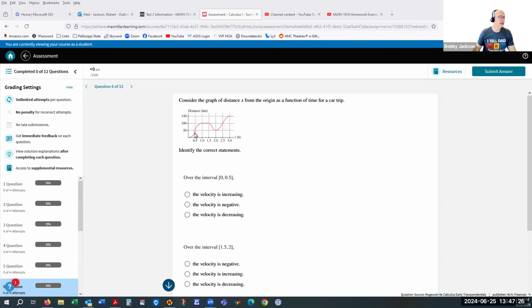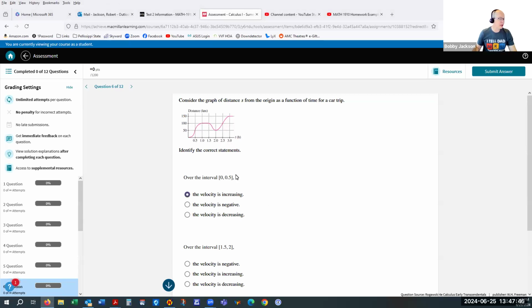Notice the slope is getting steeper. So the slope, the rate of change of the position from the origin with respect to time, or the velocity, is therefore increasing. And so the correct choice is the first one.